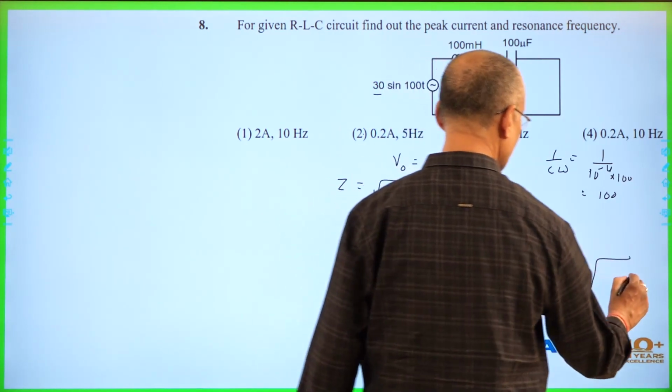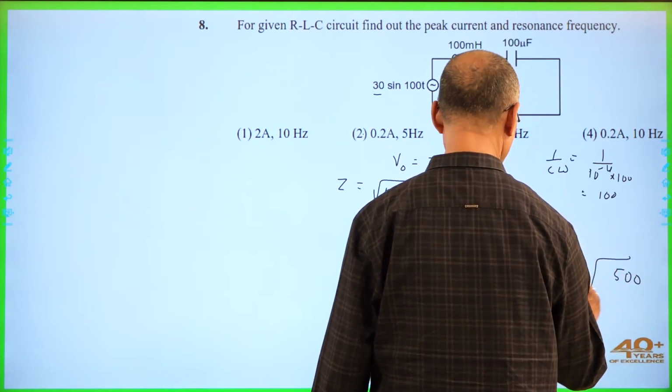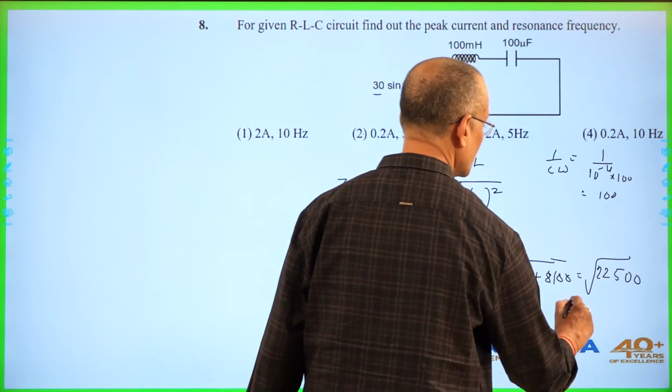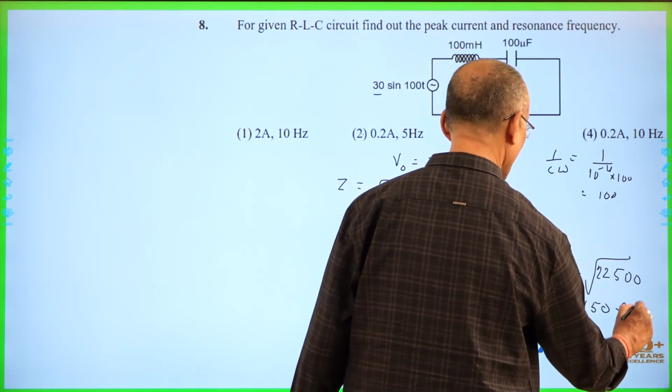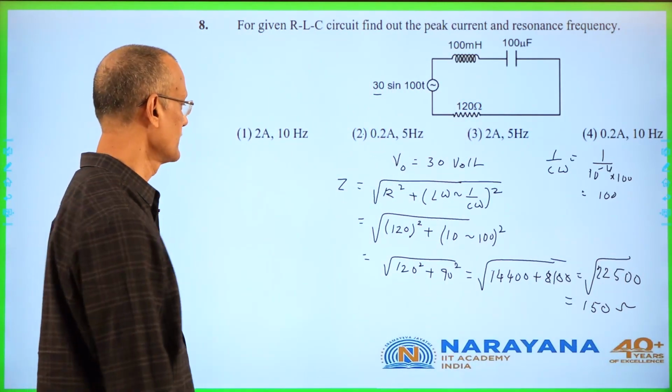This is equal to 0.0415225. So this one I am getting 150 ohm. This is the net impedance.